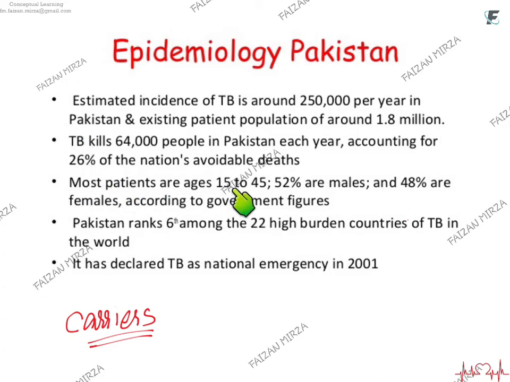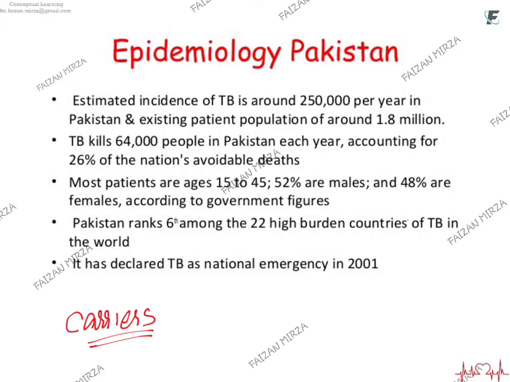Most of the patients are in the age of 15 to 45, and you can see that this is the age where the person is most active. If people are suffering from this disease, they suffer from lethargy and weakness, and they don't have enough strength. So you are going down with people who don't really have enough energy in this age group. 52% are males as compared to females, according to the figures given by the government.